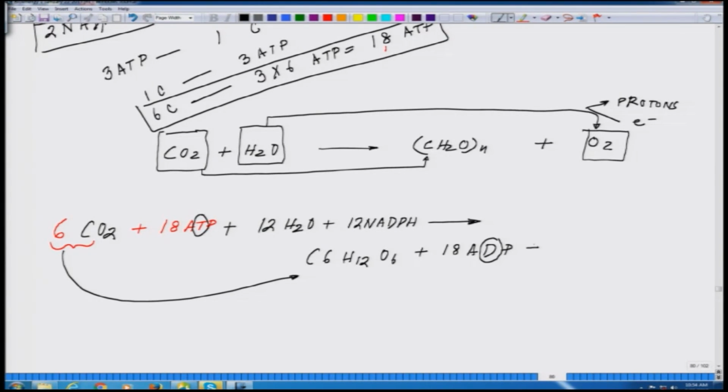Plus 18 phosphorus molecules which have come out from tri to di, plus 12 NADP plus, because it has donated these hydrogens out here, which makes it H12.